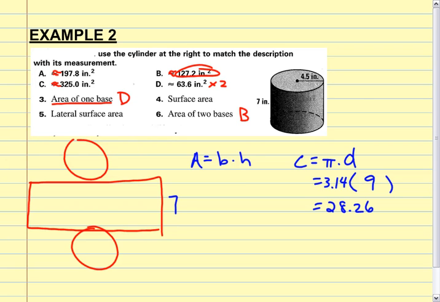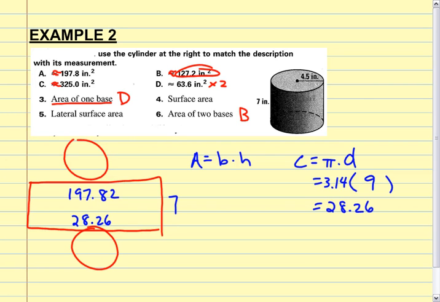Okay. Now what do I need to do? Isabella? Multiply that by 7. And what do I get? 197.82. Okay. Good. So which one of those? A, B, C, or D?